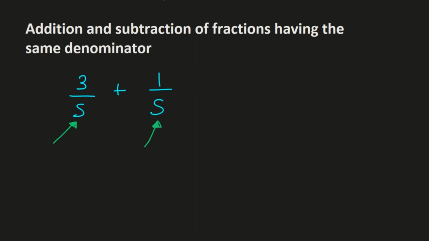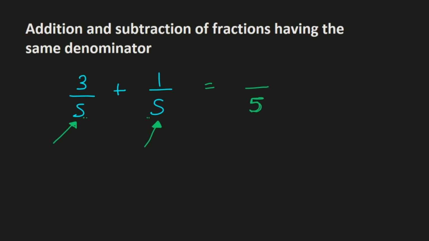It's 5. So keep in mind, if the denominators are the same, then the answer's denominator will be the same as the question's denominator. So it's 5 here, then the answer's denominator will be 5 as well. Got it? Got the point?